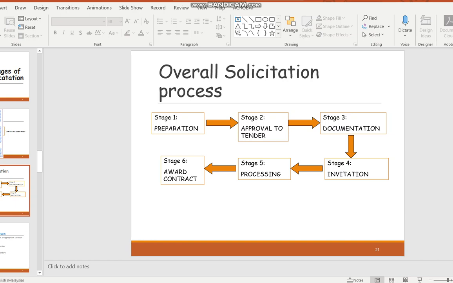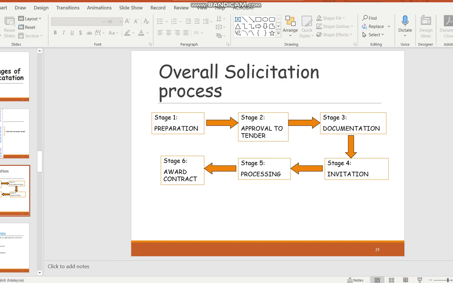You need them to give all the licenses, especially for supply of materials and machineries. Then you need to put down when and how they need to submit, and all the submission processes very clearly. You need to list this down in the documentation towards the invitation stage of the project.